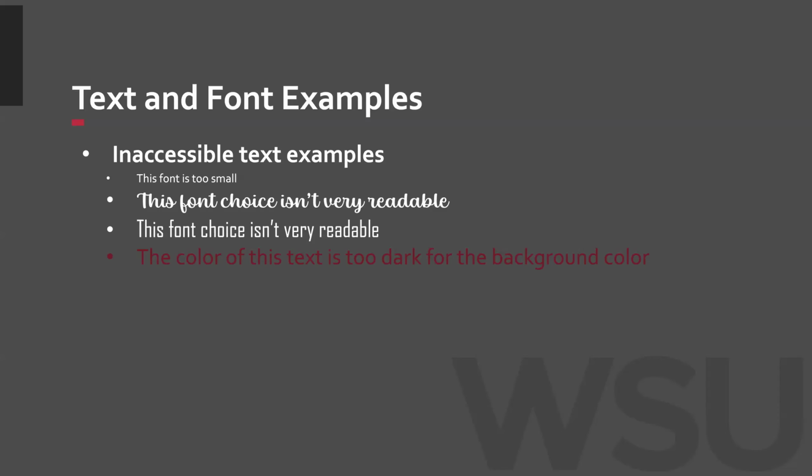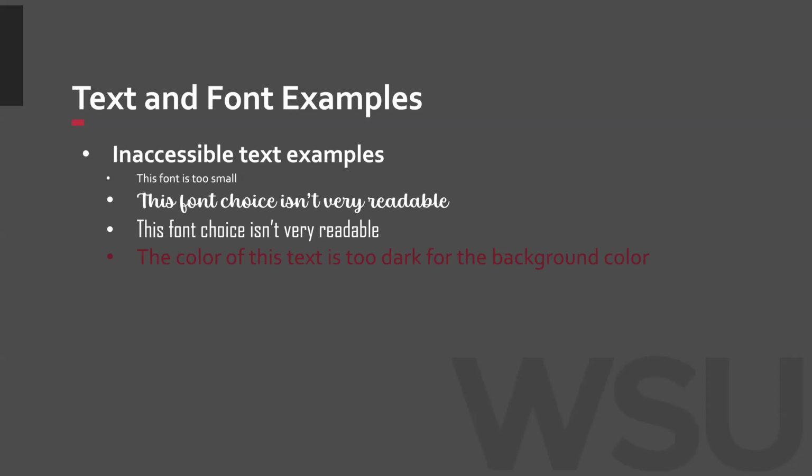And then the second bullet point, I chose a scripted font. It says this font choice isn't very readable. It might look nice to some people, but it might be difficult to read for some users. And then the third bullet point says this font choice isn't very readable. It's a little bit more readable than the above font, but it still has narrow block-like letters that might be difficult to read for some users.